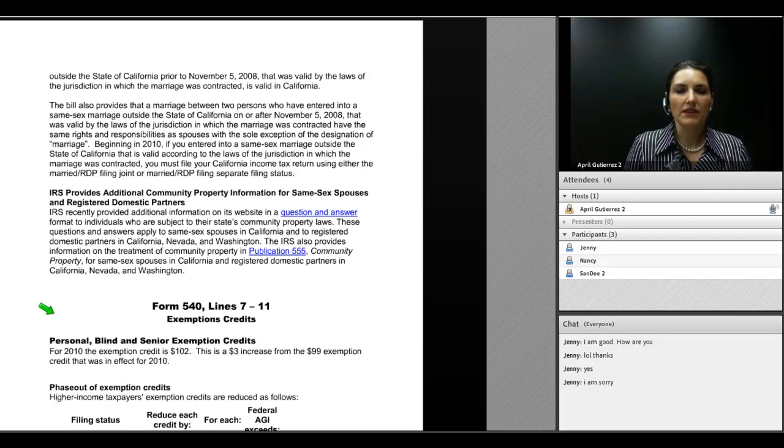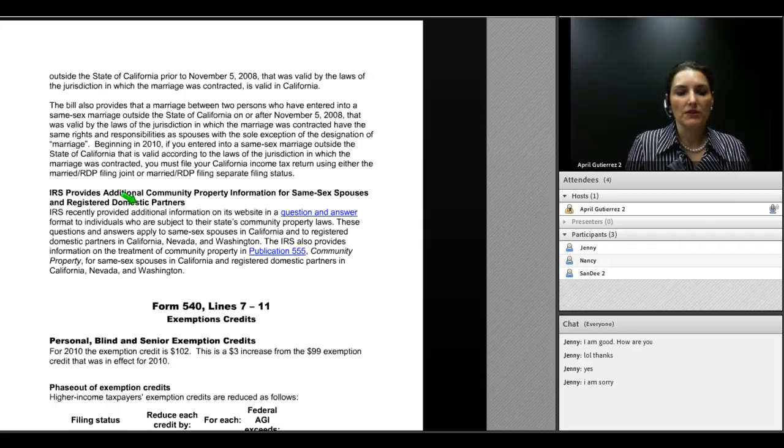This is a relatively new procedure, and so the IRS is still working on releasing information. In 2011, it did update its website to include a question and answer screen, and I have a link to it here, where individuals who are subject to their state's community property laws can go to see questions and answers and see if there are situations that impact them because they are registered domestic partners.